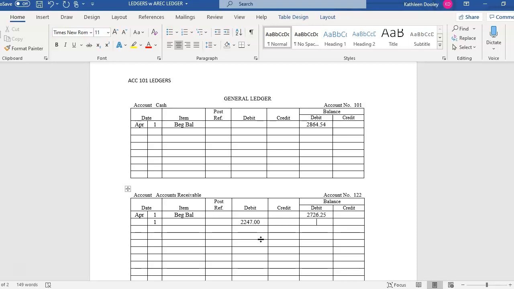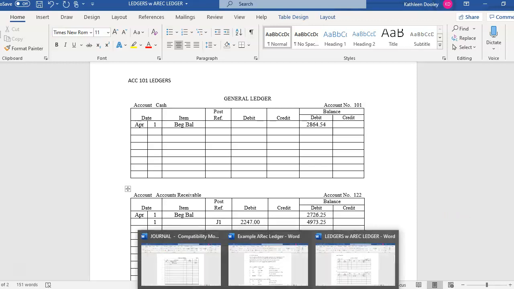So if I take 27,026.25 and add 2,247 even, I get 29,273.25. It's my new running total balance. Okay, where did this information come from? It came from J1 or GJ1. Okay, so now I've posted both the general ledger, accounts receivable, and the subsidiary ledger, O.L.